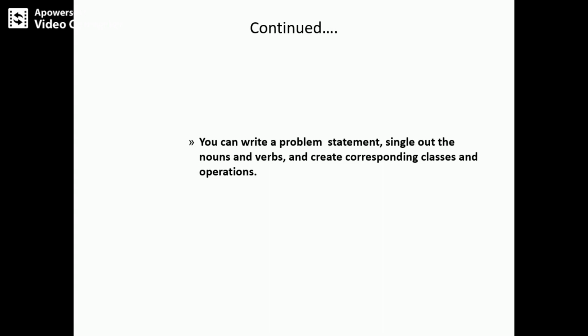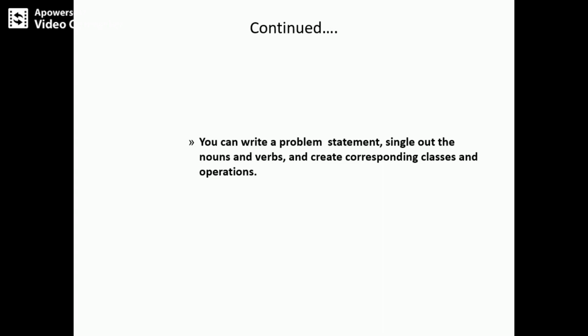We have to find out how many nouns and how many verbs are there in the passage, create corresponding classes and respective operations, and find the relationship between the nouns and verbs. This is an example given by the author.